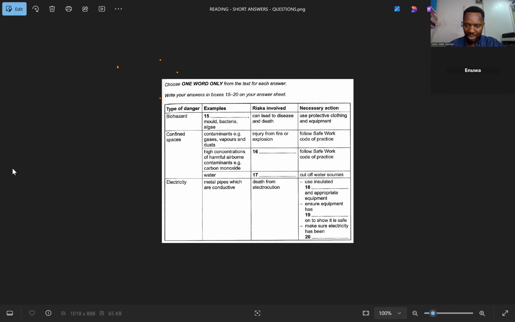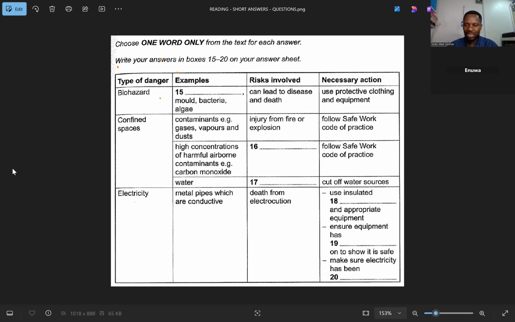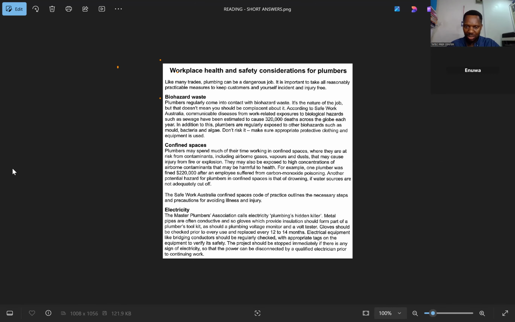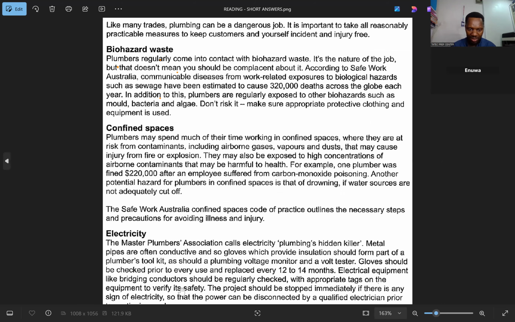The question says, ensure equipment has dash on to show it is safe. So it should have what on? Tag or tags on to show it is safe. The passage paraphrased to ensure it to verify its safety. That's what the passage says. It's here. To verify its safety.